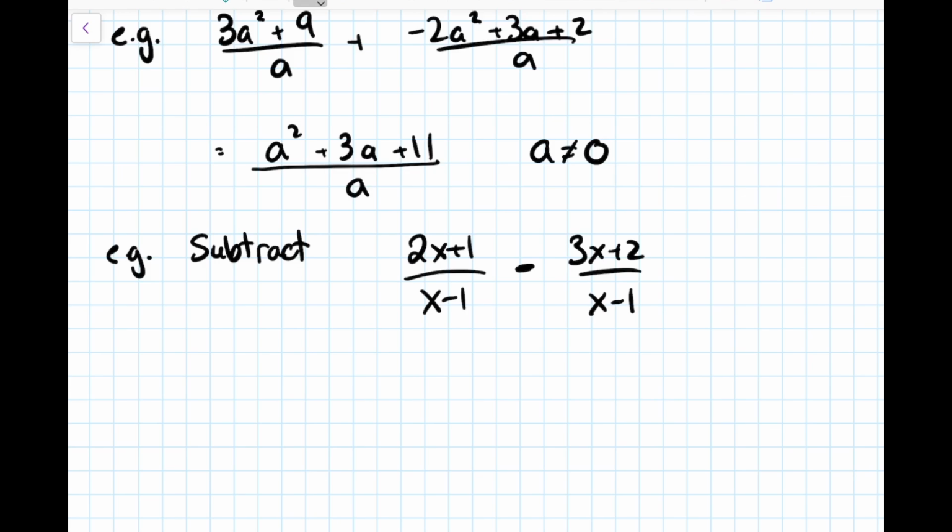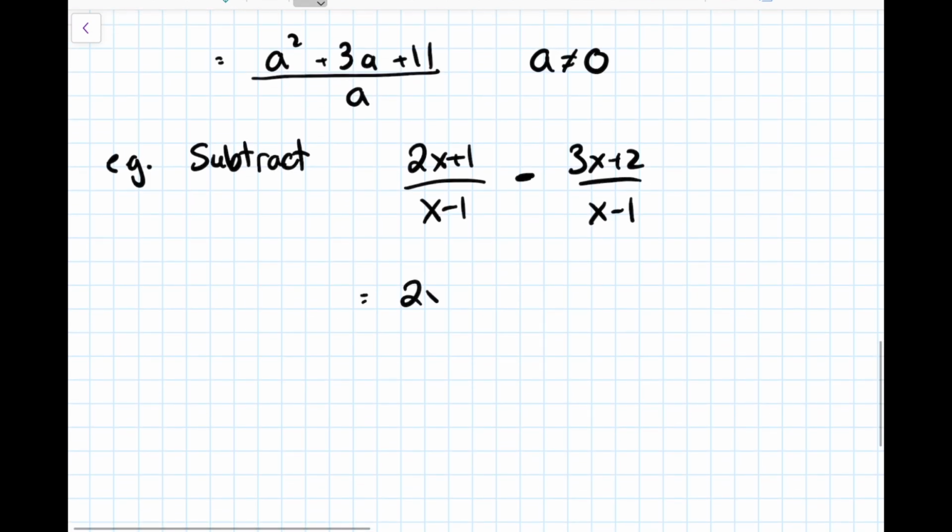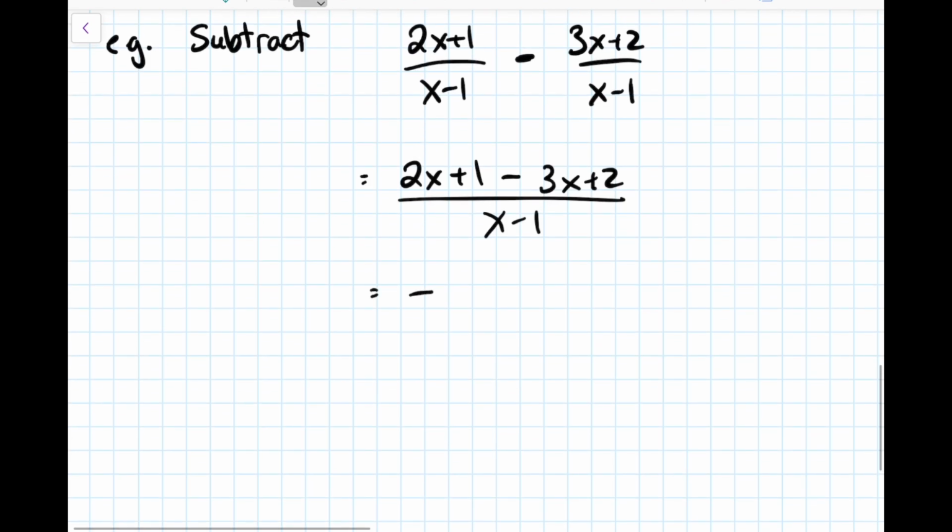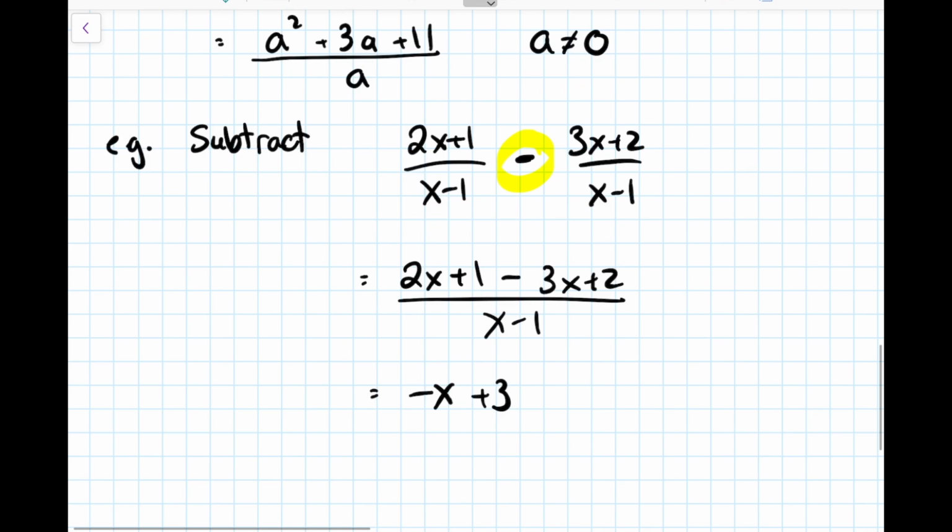Where a lot of people are going to go wrong is they might just write it like this and say, okay, 2x plus 1 minus 3x plus 2 all over x minus 1. And so they would do 2x minus 3x, and they'll get negative x, which is great. But then they'll do 1 plus 2 and get 3. And that's wrong.